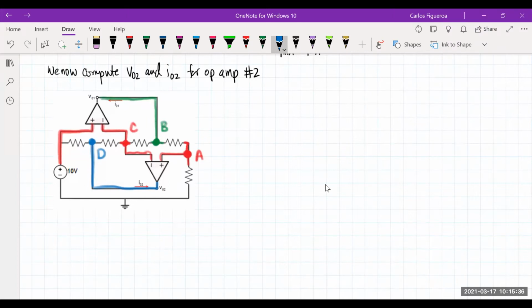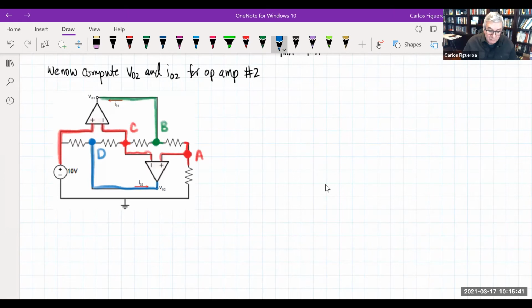Okay, so C is not on A, but you're drawing it as red. I'm drawing it as red because we know that this is 10 volts, and because that's 10 volts, that has to be 10 volts. That's why I drew it that way, because the red just indicates that they all have the same node voltage.